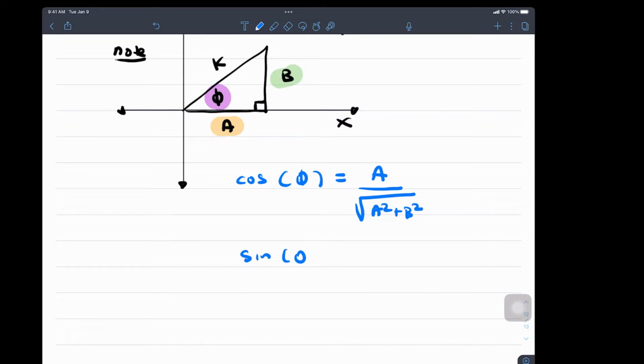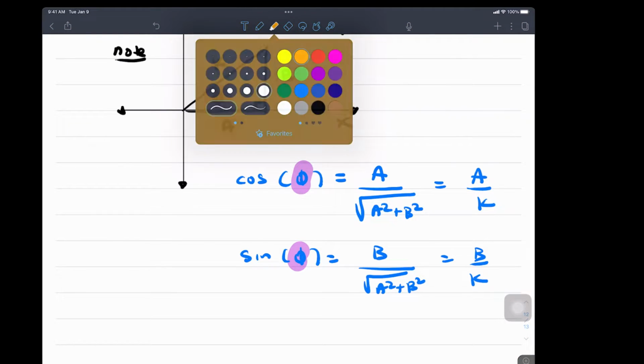And then sine of phi is opposite over the hypotenuse, or K. So we can write that as A over K for cosine, or B over K for sine. Okay, you guys okay with that? That's the angle phi, and you have your colors, because this is from right triangles.